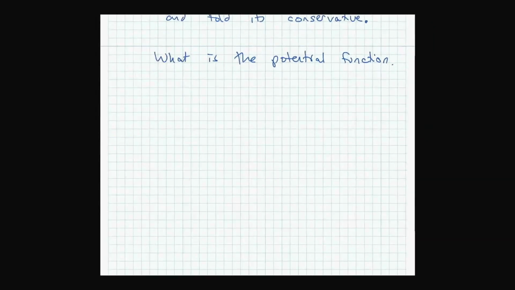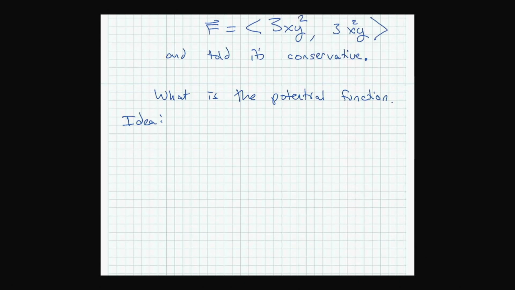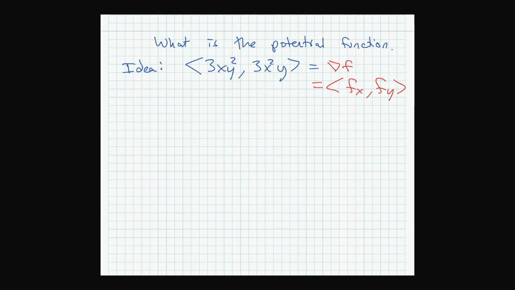So what you do is this. The idea: if you have this function, 3xy squared, comma 3x squared y, it's supposed to be the gradient of f, which means it's fx, fy. So fx is apparently 3xy squared.